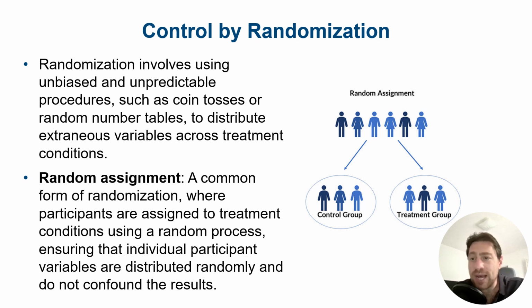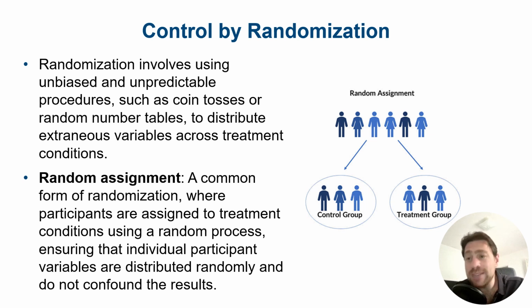And this relies on randomization. Randomization is an unbiased approach which uses some random event, for example, a coin toss or a random numbers generator, to distribute your extraneous variables across the treatment conditions of your study.